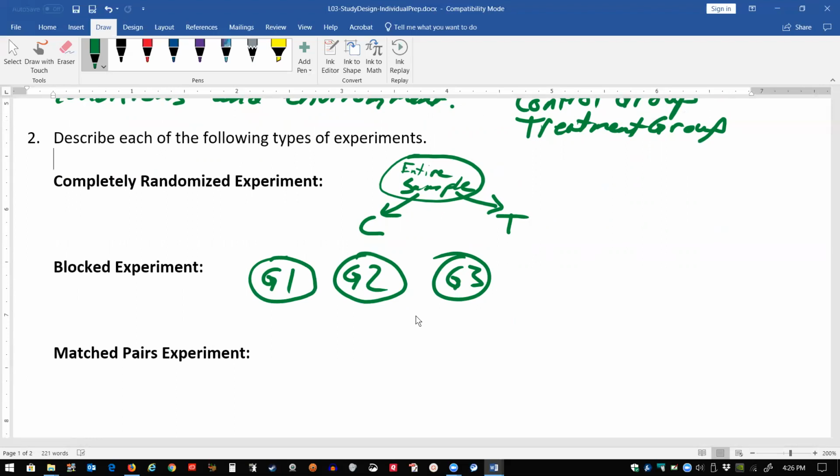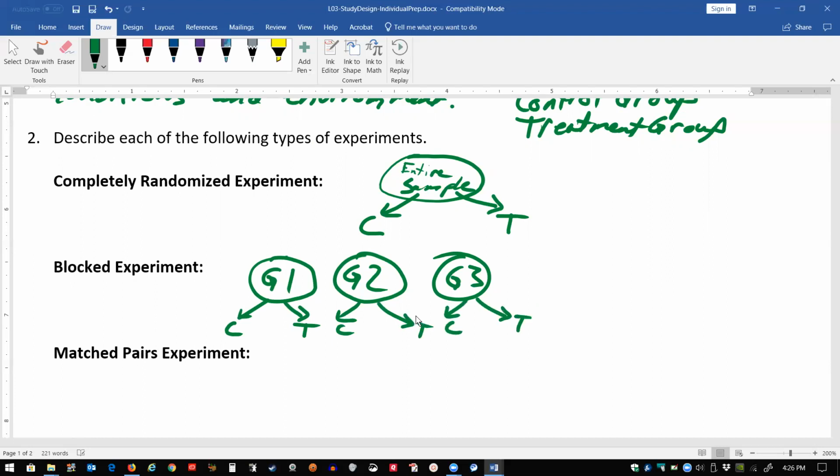We have our A and B students in the first group, our C and D students in the second group, our failing students in the third group, or something like that. And now from each of those groups, we randomly assign the members to the control or the treatment group.